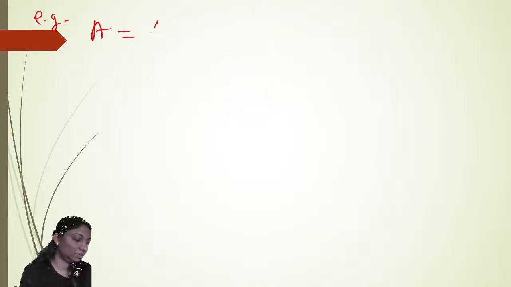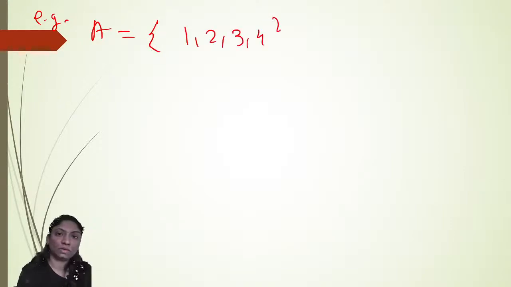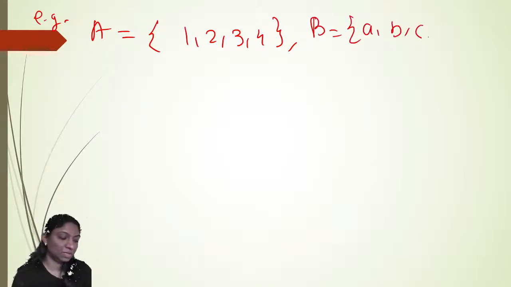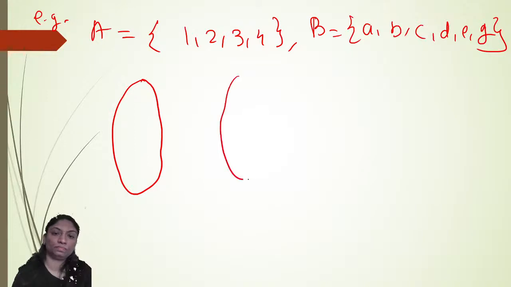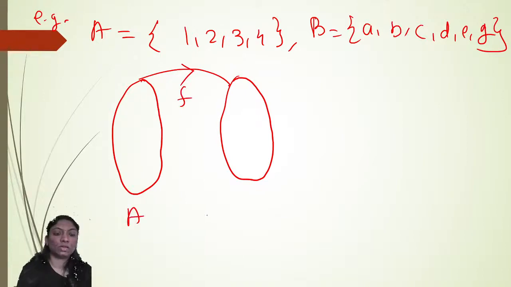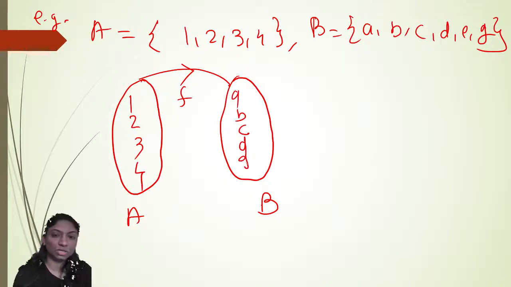First we'll write, for example, A is equal to, suppose, 1, 2, 3, 4, right? And B is equal to a, b, c, d, e, g. So f defined from A to B. Here 1, 2, 3, 4, and here a, b, c, d, e, g.